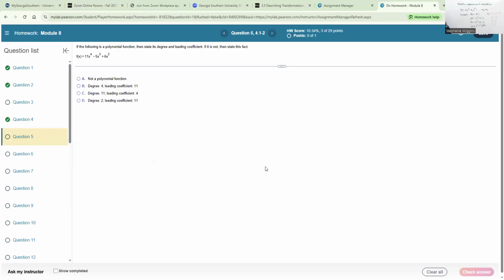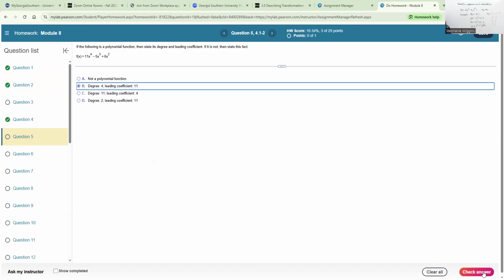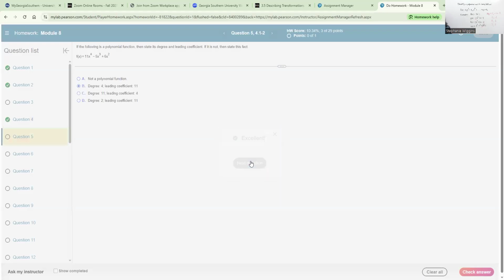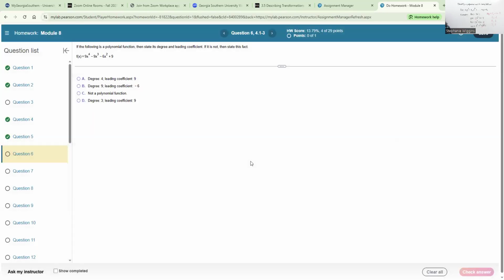Here, again, the highest power on x is 4 with an 11 going in front of that. So the degree is 4 and the leading coefficient is 11. Again, highest power is 4 and 9.